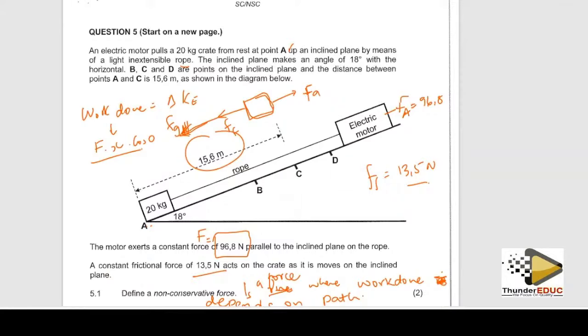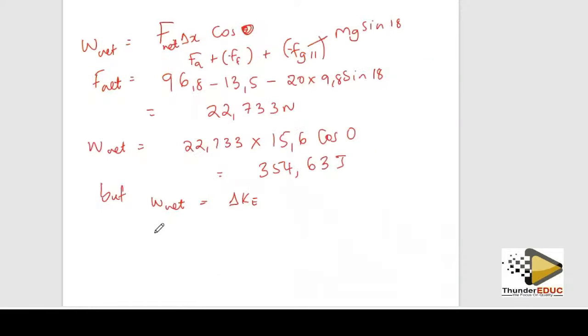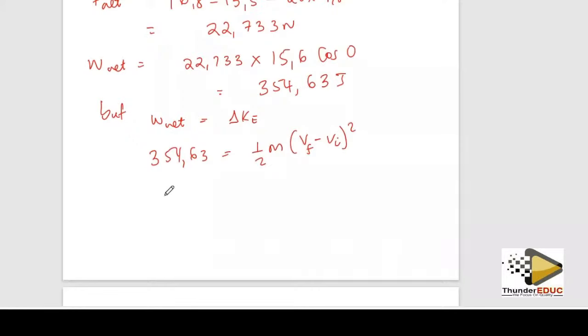And that's when it reaches C. Which means I'm going to have 354.63 equal to a half m, V final minus V initial, squared.